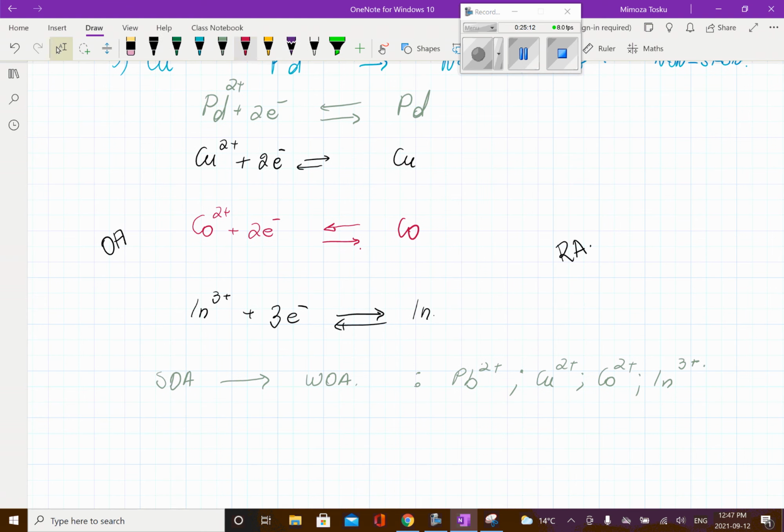And if we are sorting from the strongest reducing agent to the weakest reducing agent, then we go In first, the strongest one, then cobalt, then copper, and then Pd.